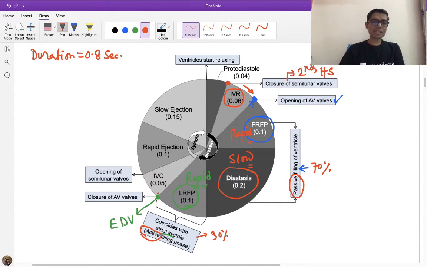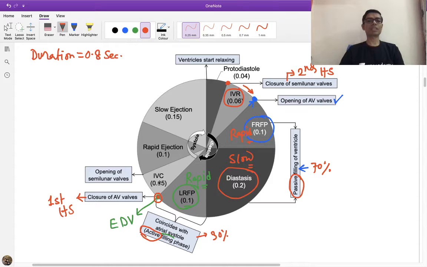Now when the ventricle is filled with end diastolic volume, it starts its systole. So this is the onset of systole at this point. So whenever there is onset of systole, the immediate event is closure of the AV valves. So why should I remember this? Because this is the point where the first heart sound will occur.